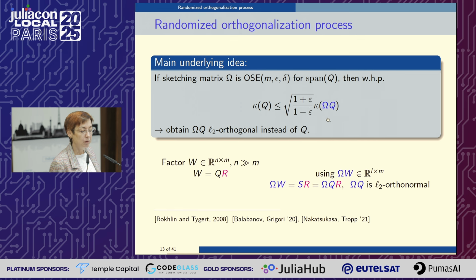And if we obtain an omega Q which is L2 orthogonal by using an accurate algorithm, then the condition number here is going to be almost close to 1 in finite precision. And so this says that the condition number of Q, which is in high dimension, is going to be also close to 1. So epsilon typically is taken to be 1/2.